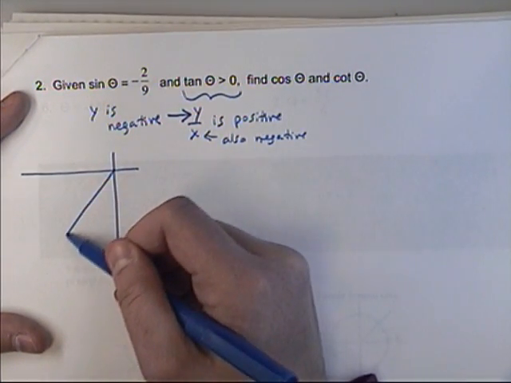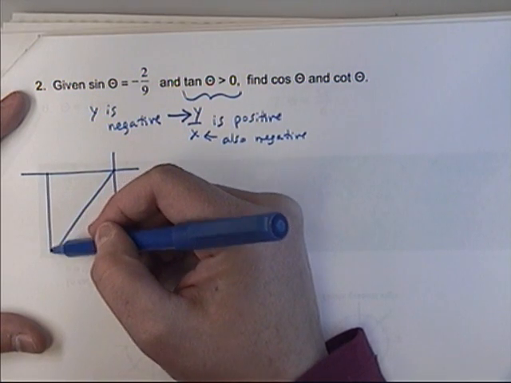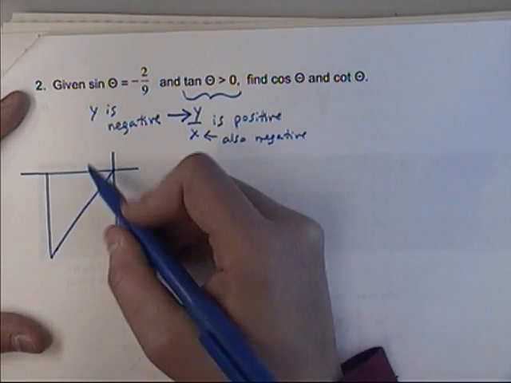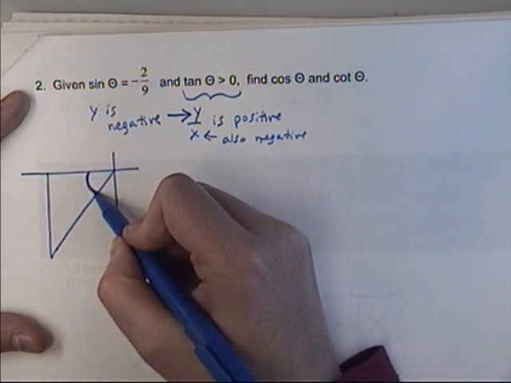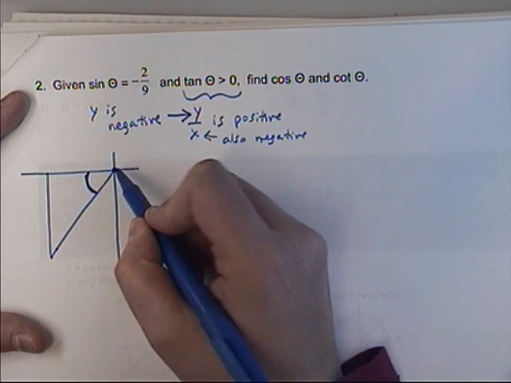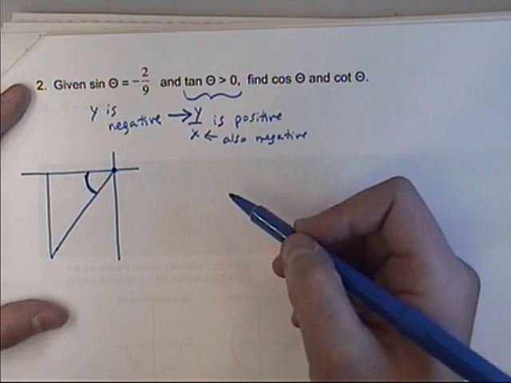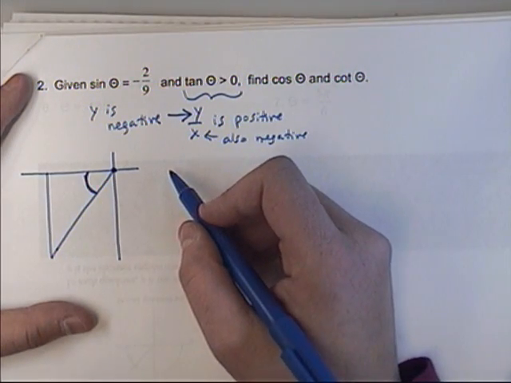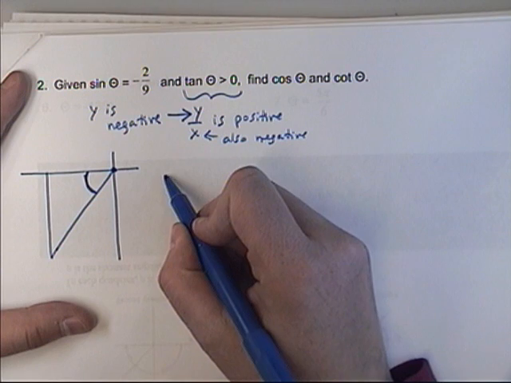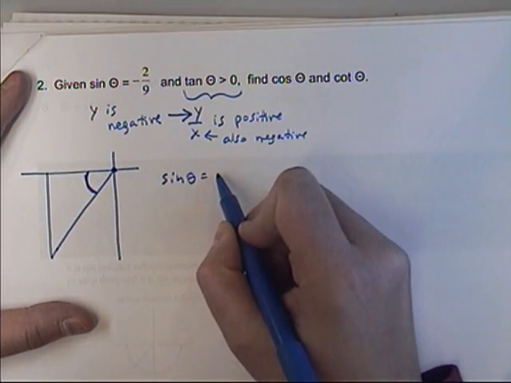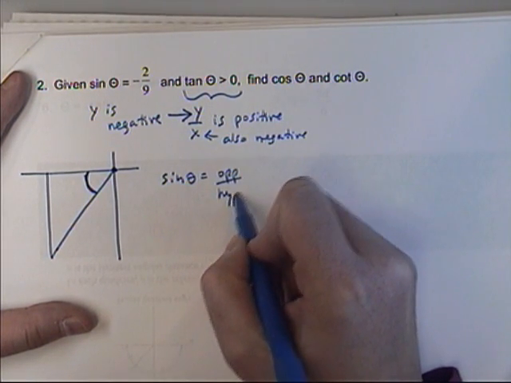So again, I don't know exactly where I am in the quadrant. I'm just going to draw just in the middle somewhere, a terminal side. Remember, the angle of reference is always the one oriented right here at the origin, in the center of your xy axes. Now, if sine is negative 2/9, remember, sine is defined as opposite over hypotenuse.